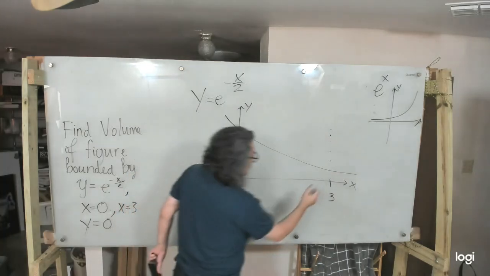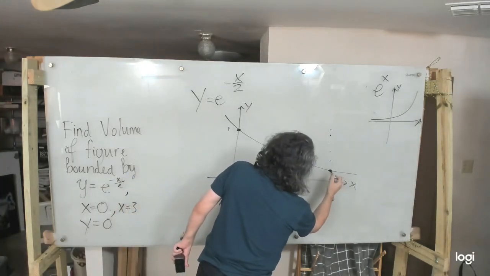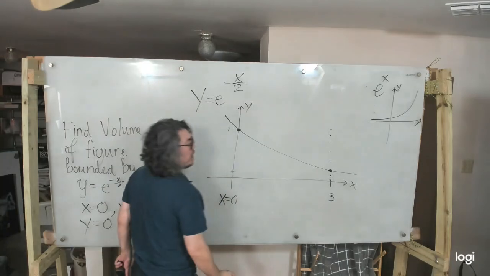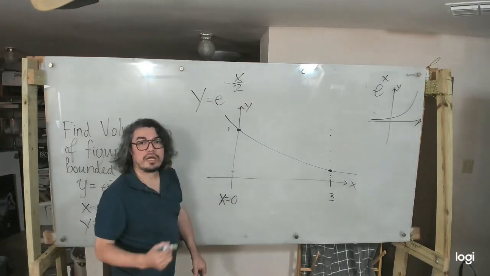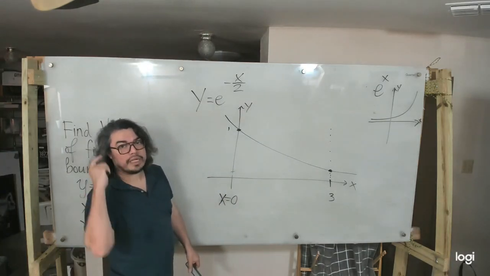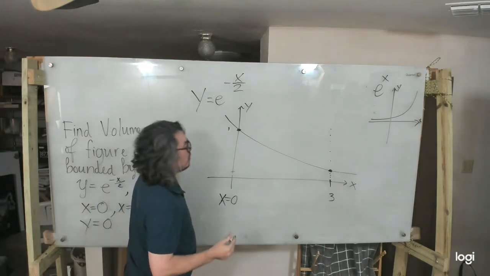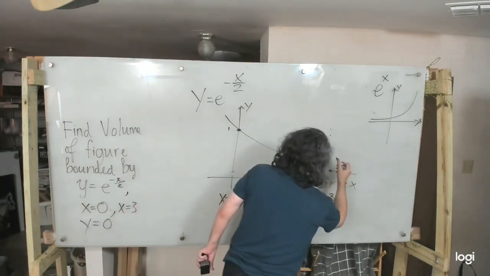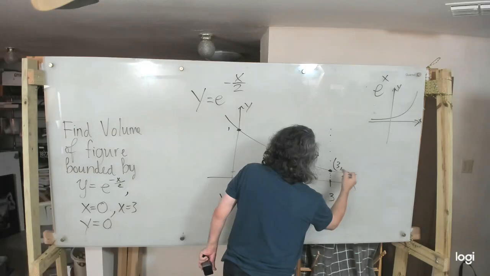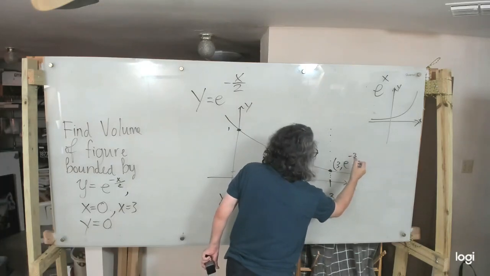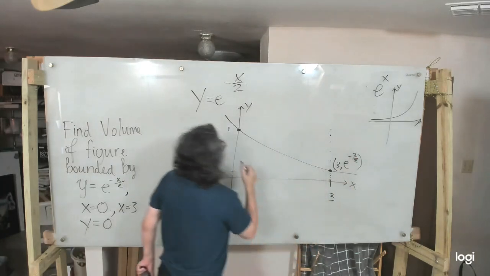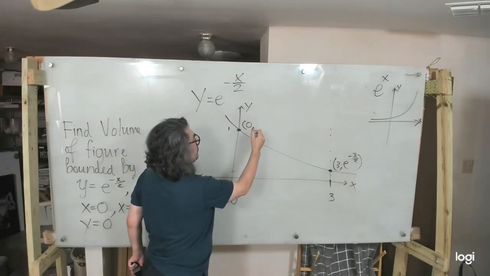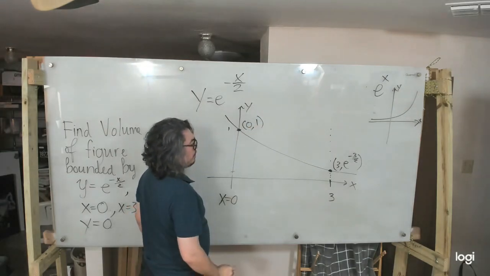At x equals 3, the y value maybe isn't an explicit decimal number, although we can get an approximation using a calculator. So this is the point 3 comma e to the negative 3 over 2, and this is the point 0, 1.